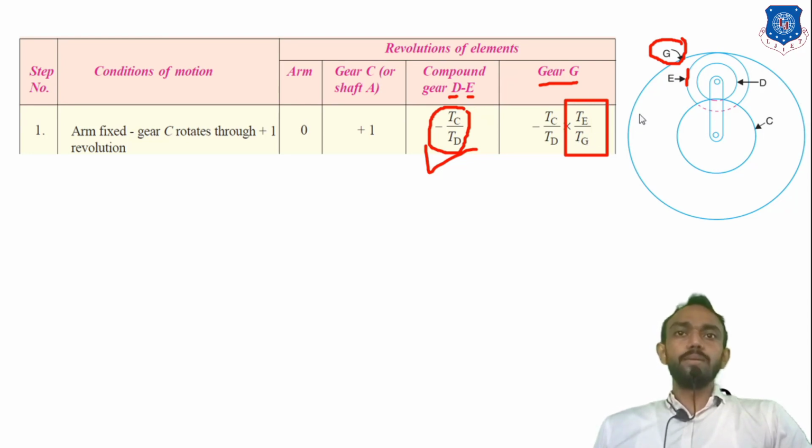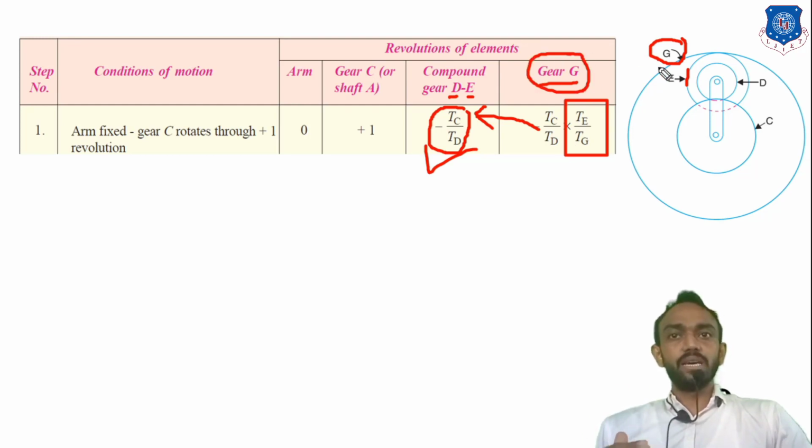But what will be the RPM of E? So you can write minus TC upon TD. So we have to write the RPM from this point. In compound, remember that whenever you write any gear after the compound, you have to write the ratio or speed of this compound here.